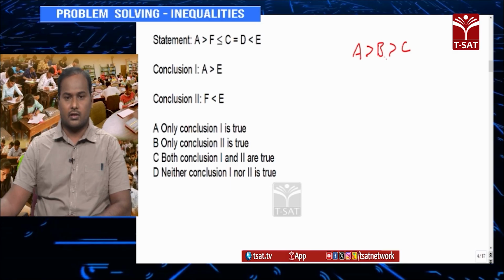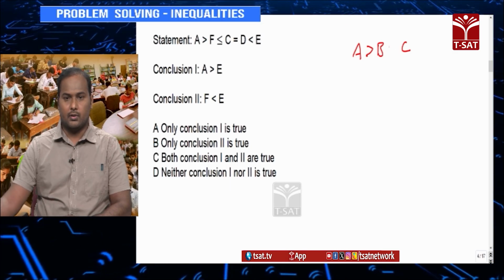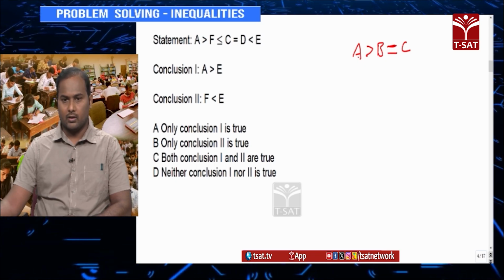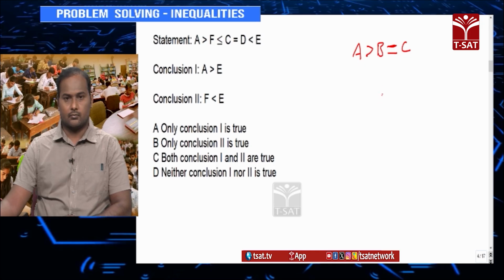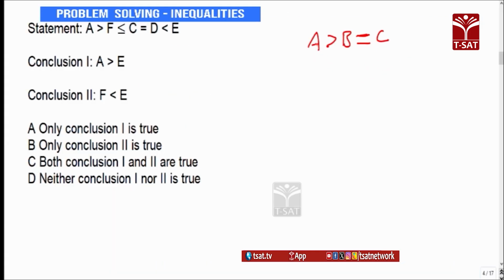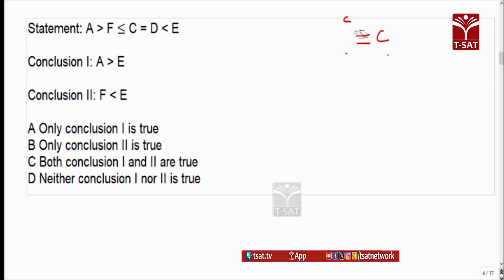If the statement is like this, A is greater than B and B is equal to C, what is the relation between A and C? Here also the conclusion that follows is A is greater than C, because B and C both are the same.